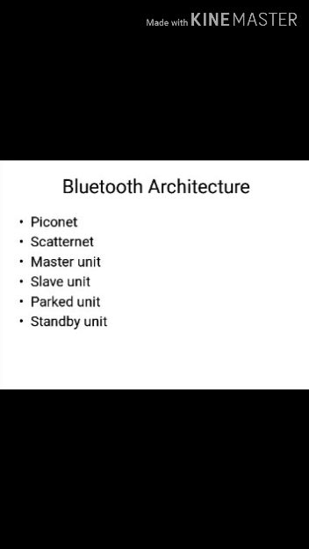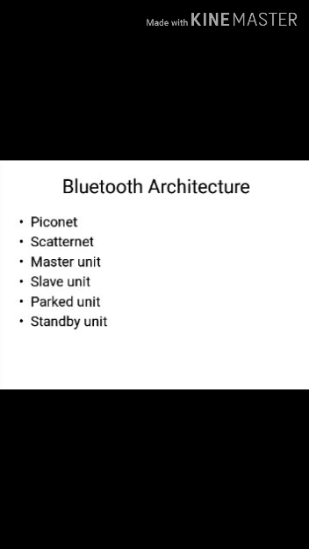All Bluetooth devices are peer units and have identical implementations. Means the piconet is formed using the master and slave units, and these devices are connected in ad hoc fashion. All the Bluetooth devices are peer units and have identical implementations.